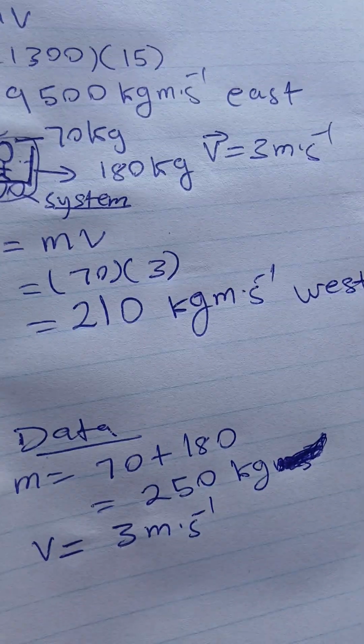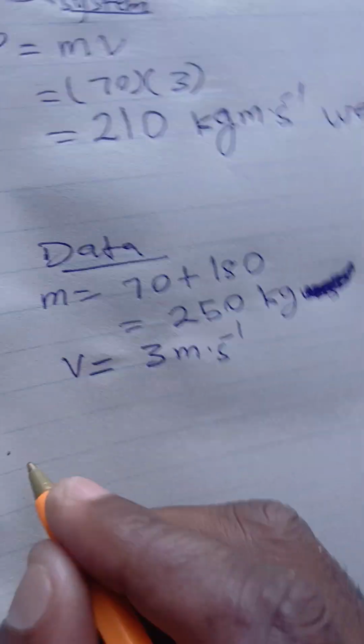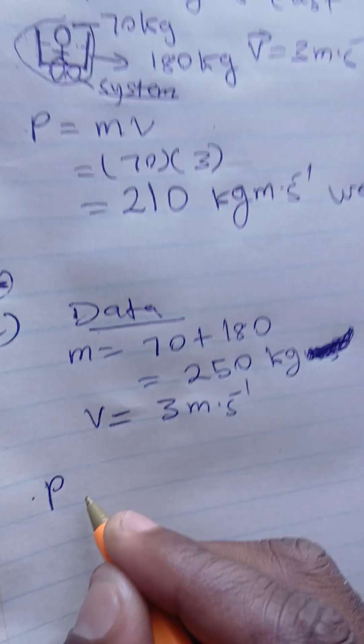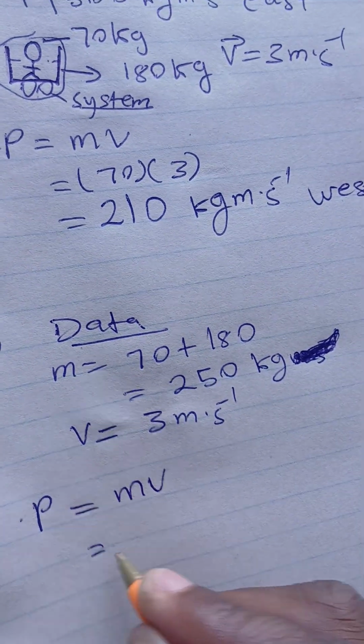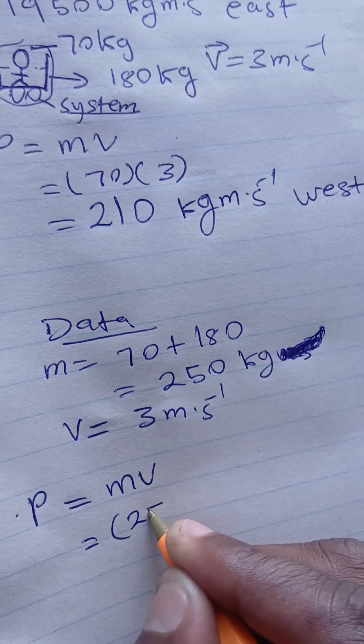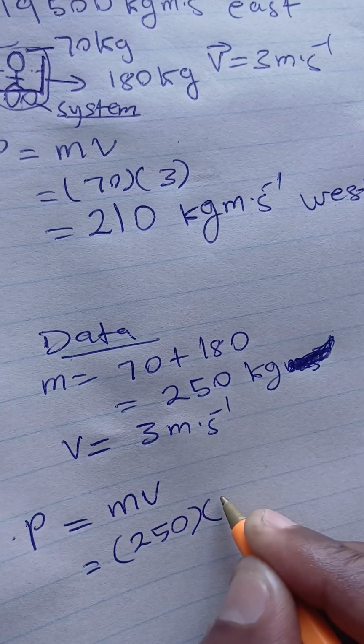Now let us calculate the momentum of the system. So P is equal to mv, and m is 250, velocity is 3.